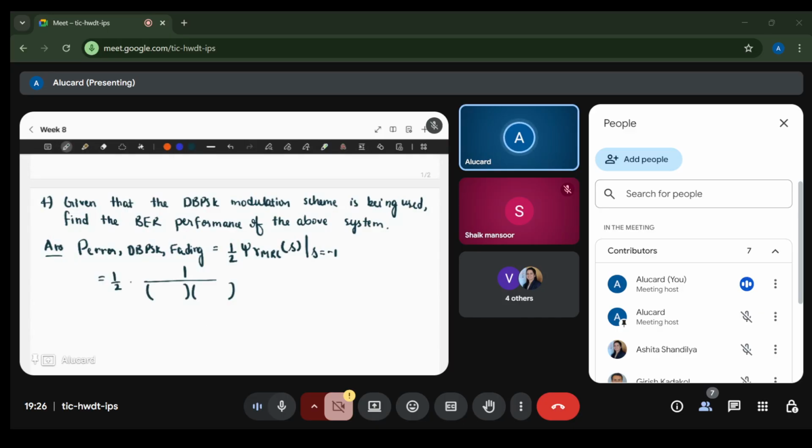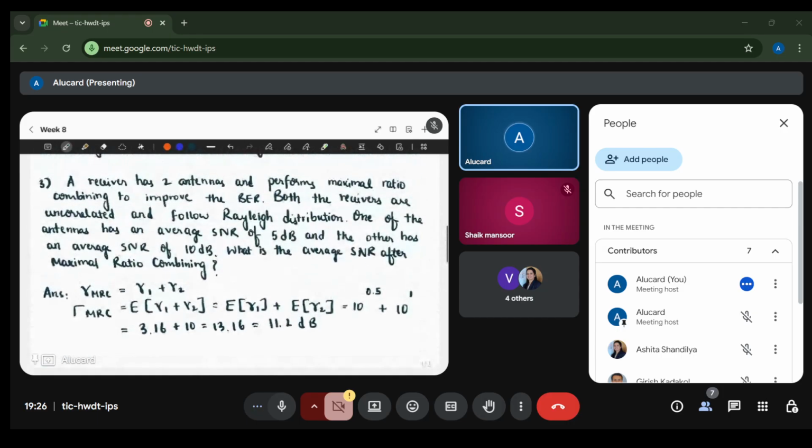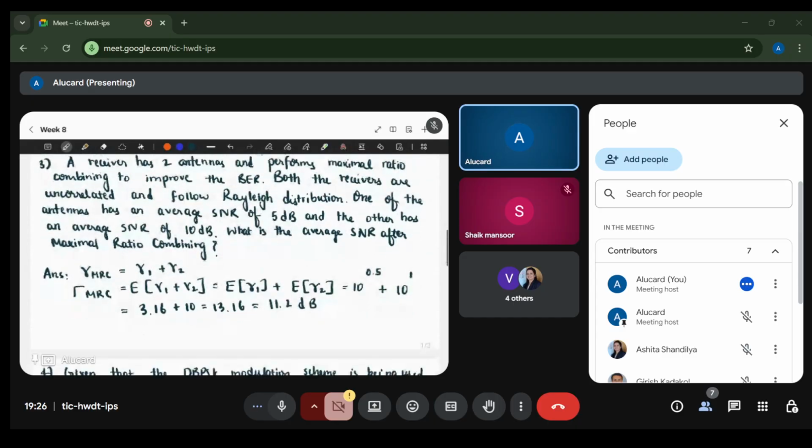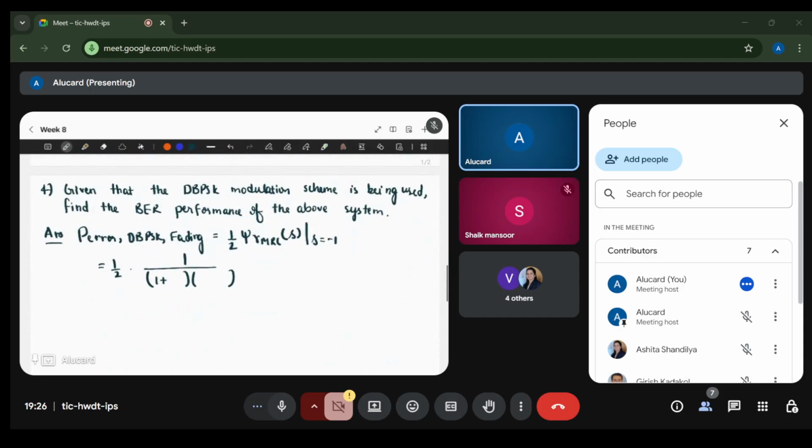So the first term is 1 plus, in our case, gamma for receiver 1 was 5 dB, the average SNR. 5 dB, again you have to write in linear scale. It's 10 power 0.5, into 1 plus the gamma for the second receiver, which was 10 dB, so it's 10 power 1.